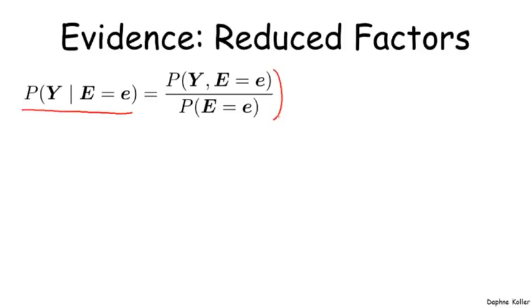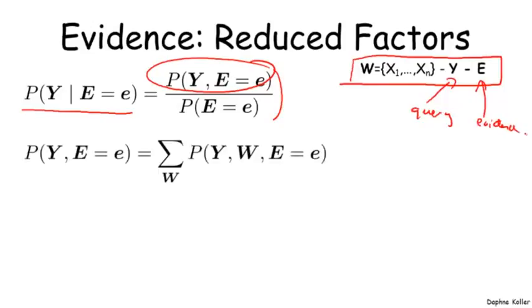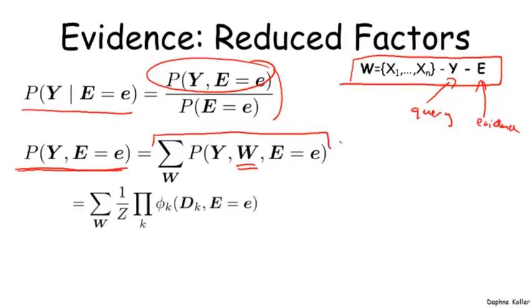And if we look at the numerator of this expression, and define W to be all of the variables that are neither query nor evidence, then we can once again consider this as a sum product expression. So P of Y and E, we're going to introduce the variables W into this expression. So this probability is the sum of this probability marginalizing out the W.